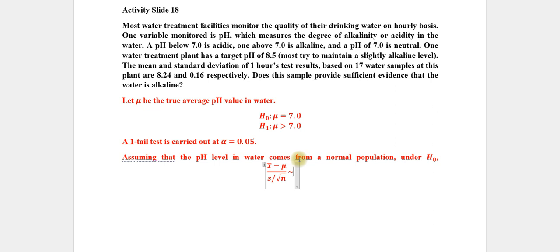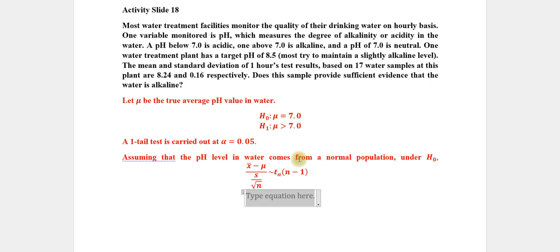Recall from confidence interval that now it will follow a t-distribution, and we write this down like this, with a degree of freedom, which is n minus 1.